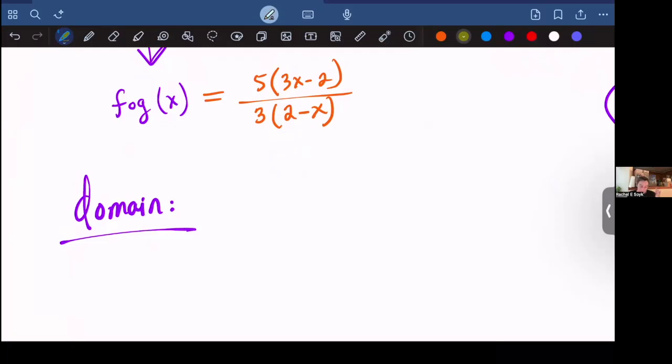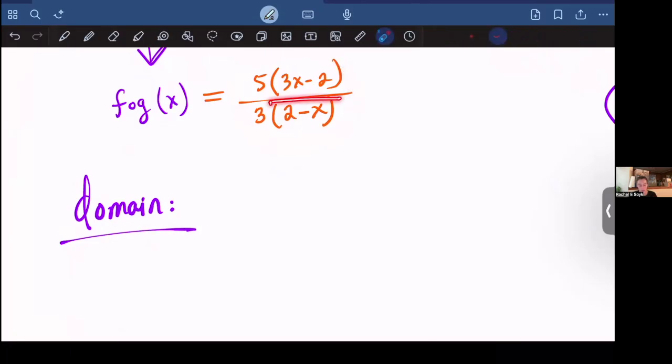Think, okay, domain, what are our restrictions? We can't have 0 in the denominator, it will make it undefined. And then we do not want any negative numbers underneath an even root index. Lucky for us, we don't have to worry about that second condition. That first condition, though, we do, because we have a fraction.